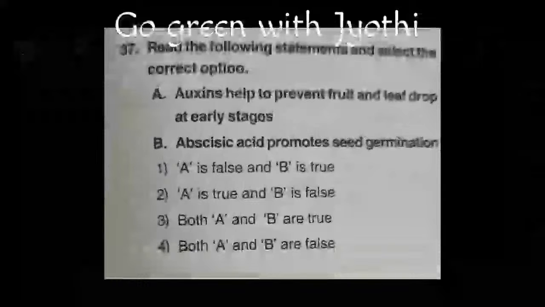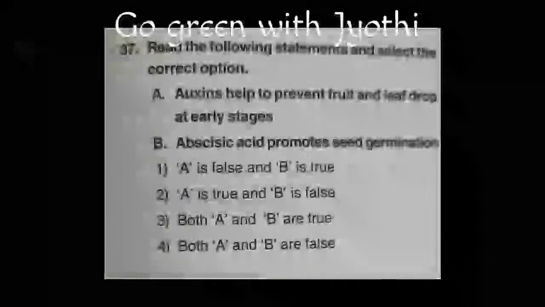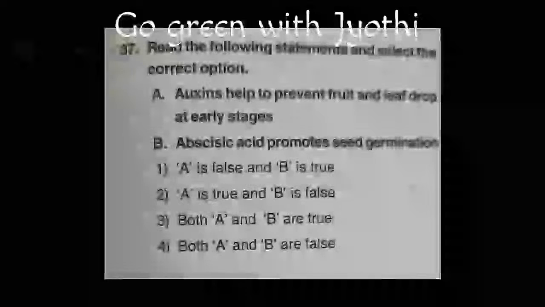Read the following statements and select the correct option. The first statement goes like auxins help to prevent fruit and leaf drop at early stages. Second statement, abscisic acid promotes seed germination.